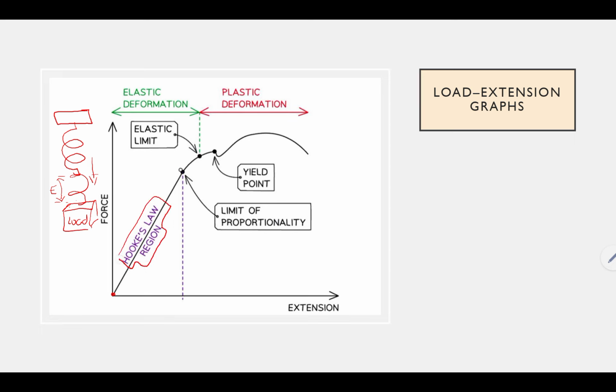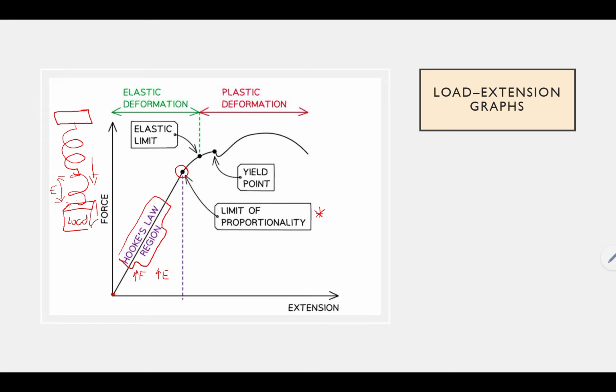Now, the second this linear relationship ends, which means that as force increases, extension no longer increases linearly, proportionally, they are no longer increasing at the same rate. We call this point where that linear relationship ends the limit of proportionality.